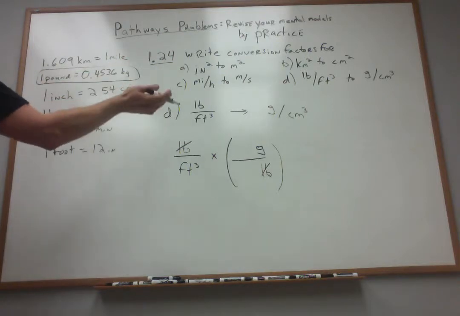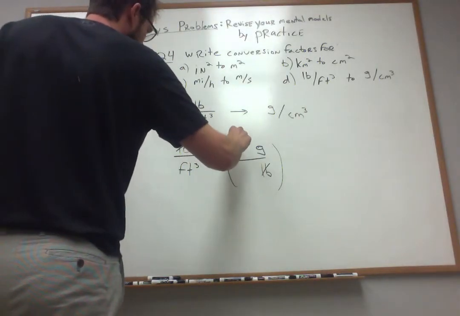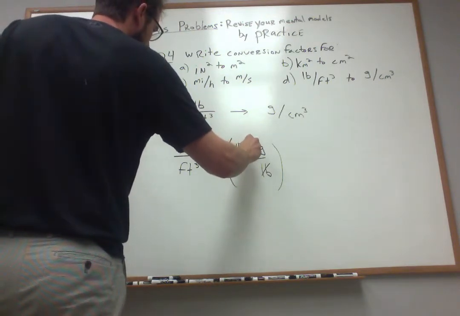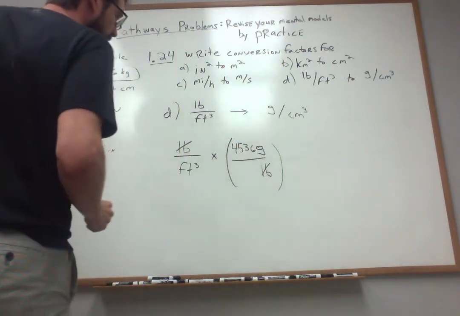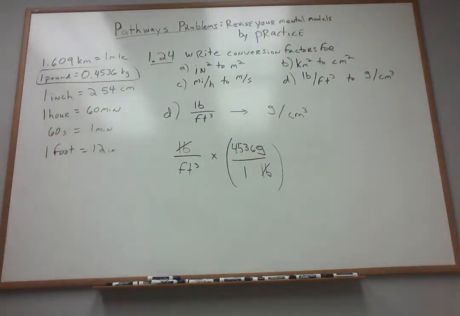That multiplies by 1,000, basically, okay? So what that means for us is that if I move the decimal place 3 spots, 453.6 grams is physically equivalent to a pound. That step has now successfully allowed me to convert into gram units from pound units.